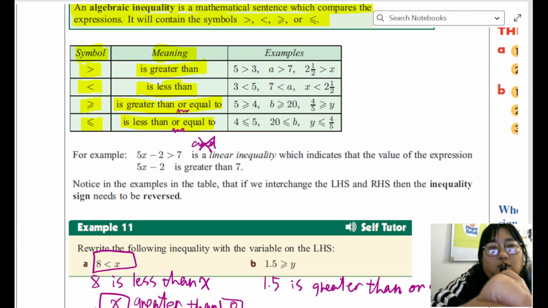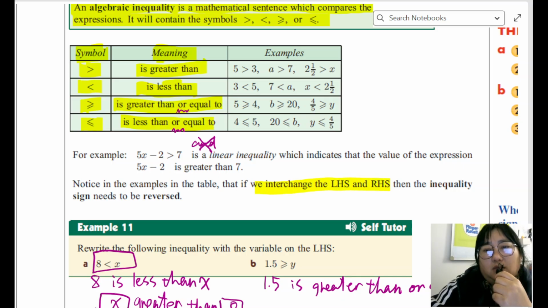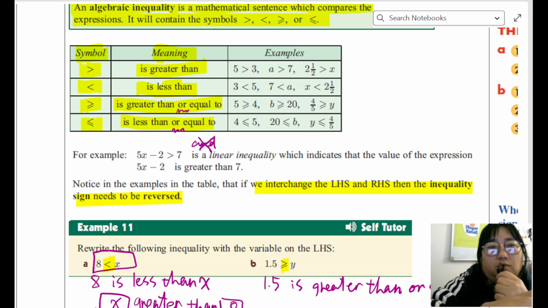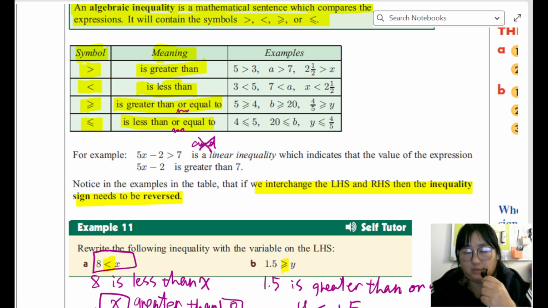This one I want to highlight: if we interchange the left hand side and right hand side, then the inequality sign needs to be reversed. So less than will change to greater than. And if you have 1.5 greater than or equal to y and you rewrite with y as the first expression, y will be less than or equal to 1.5. So please pay attention to this.